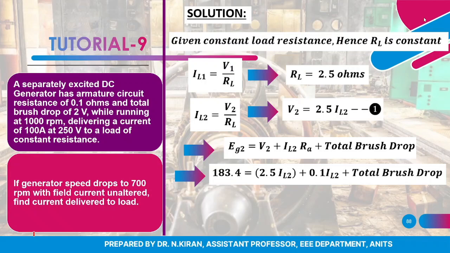No, it is given, it is 2 volts. From this, if I solve, that will give me my load current in the second case to be 69.76 amps. That is what we need to find, isn't it? Find the current delivered to the load. So IL2 we got as 69.76 amps.